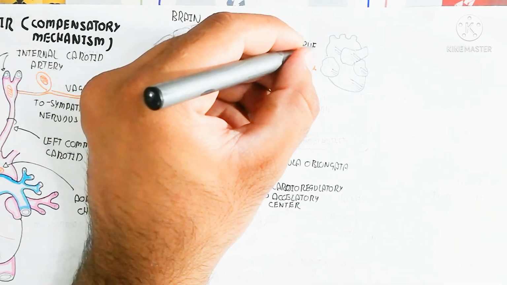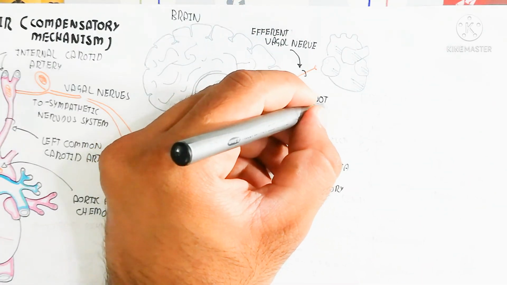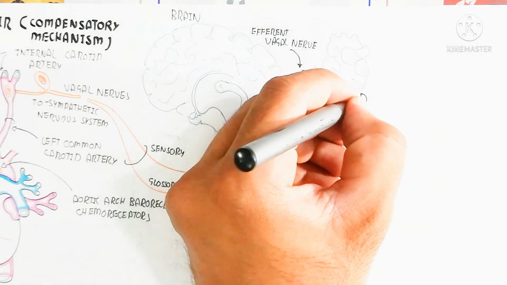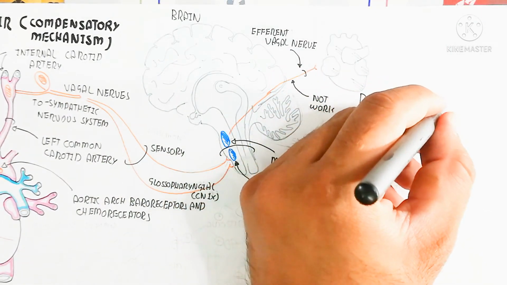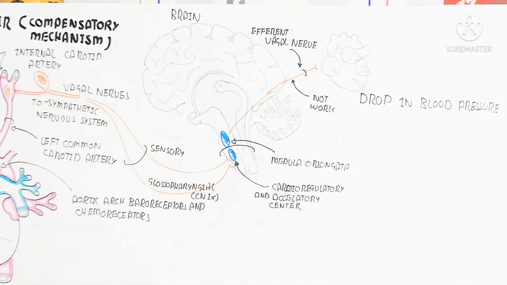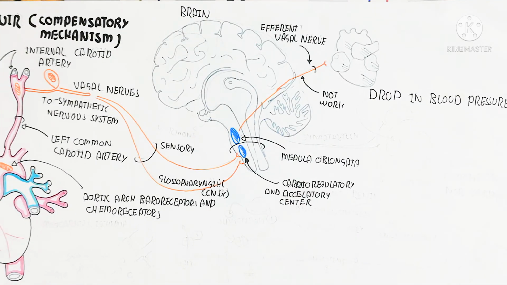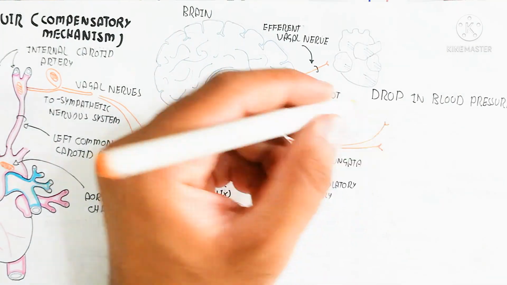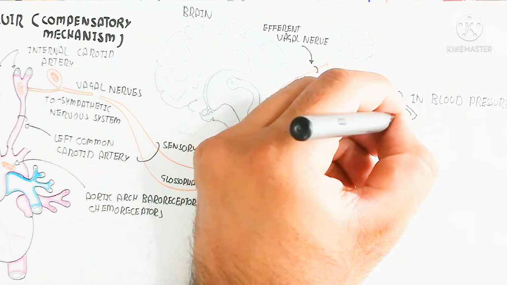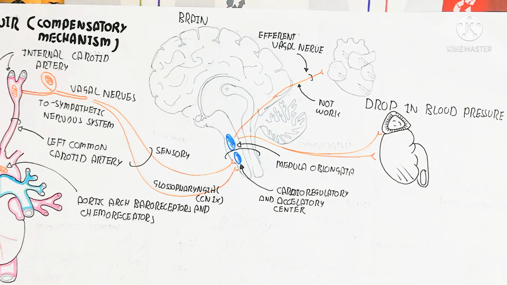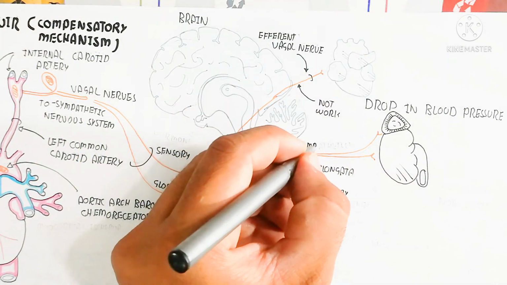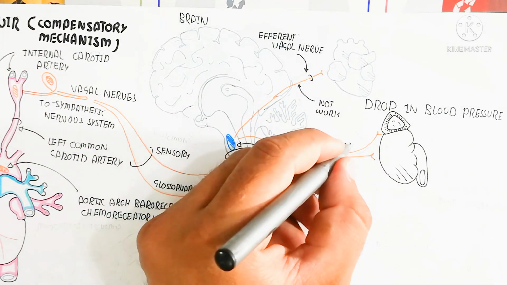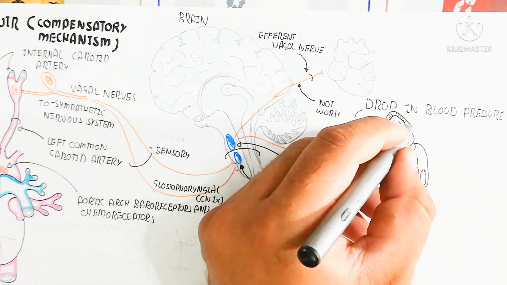This leads to the efferent vagal nerve, which maintains and drops the blood pressure. However, this does not work during heart failure or the compensatory mechanism during shock. So before the shock, it will not work for balance.